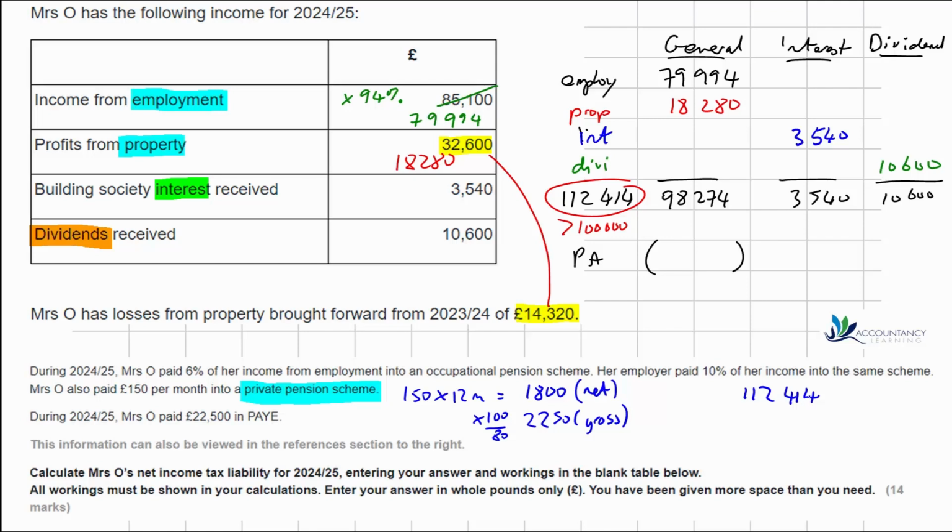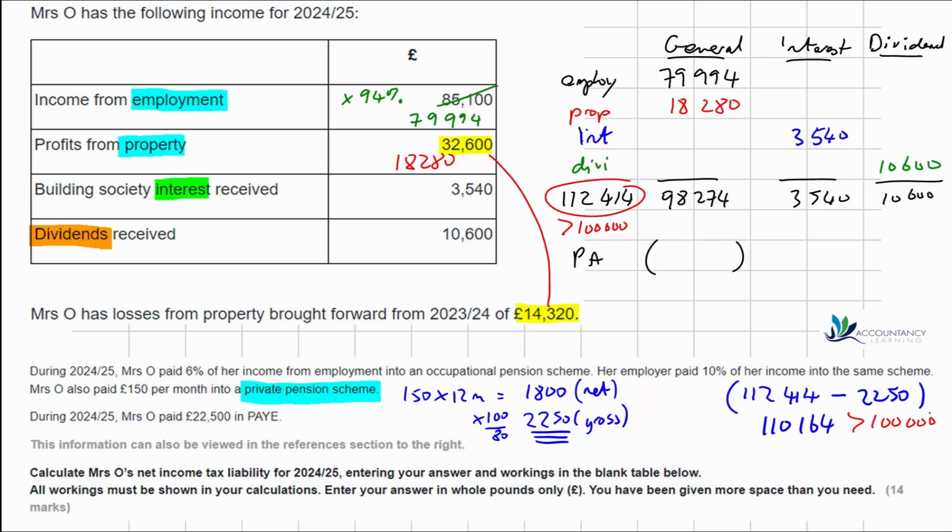So before we work out the impact on our personal allowance, we can deduct the 2,250 that we worked out just now. So once we do that, we have a total of 110,164, and this is now again still more than the 100,000. That therefore implies that our personal allowance is going to be reduced.